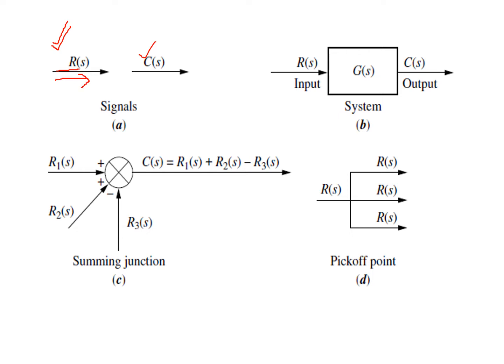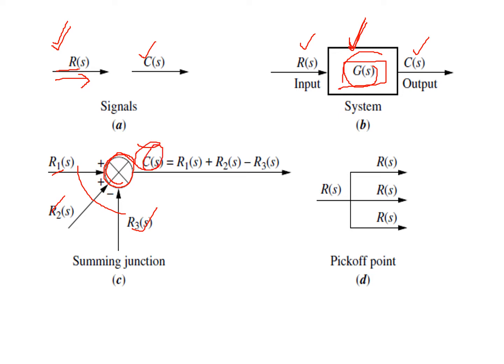And this is the simple block. This G of S is the gain of the block, which has input R of S and output C of S. This rectangular box is called the block or system. And this is the summing point, which adds up all the inputs. Here R1 of S, R2 of S, and R3 of S are the inputs, and C of S is the output.